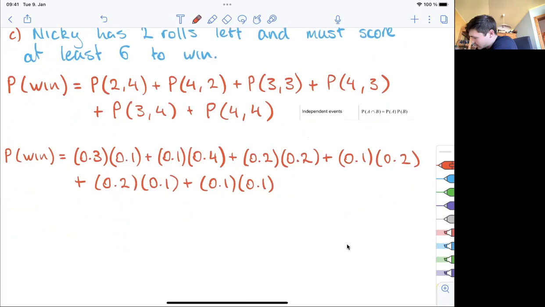Okay, and so now we're going to have to go through and calculate all of this. So 0.3 times 0.1 is going to be 0.03. Okay, 0.1 times 0.4 will be 0.04.